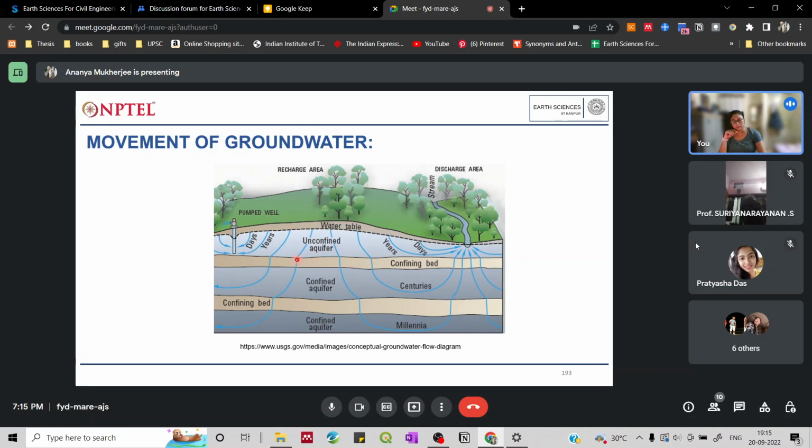But again, if we start extracting more of these confined aquifers, and start excavating more and more at deeper depths, and we reduce the amount of such confining beds, the filtering that happens due to the existence of these beds will reduce, and it will contaminate the deeper confined aquifers also.